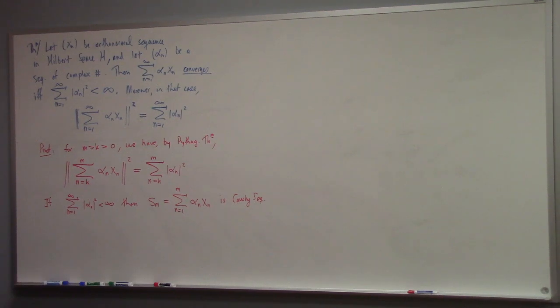Let's see here. Why is that a Cauchy sequence? He says from 3.29. Now what is 3.29? It's just the norm of this sum. That's 3.29 right there.